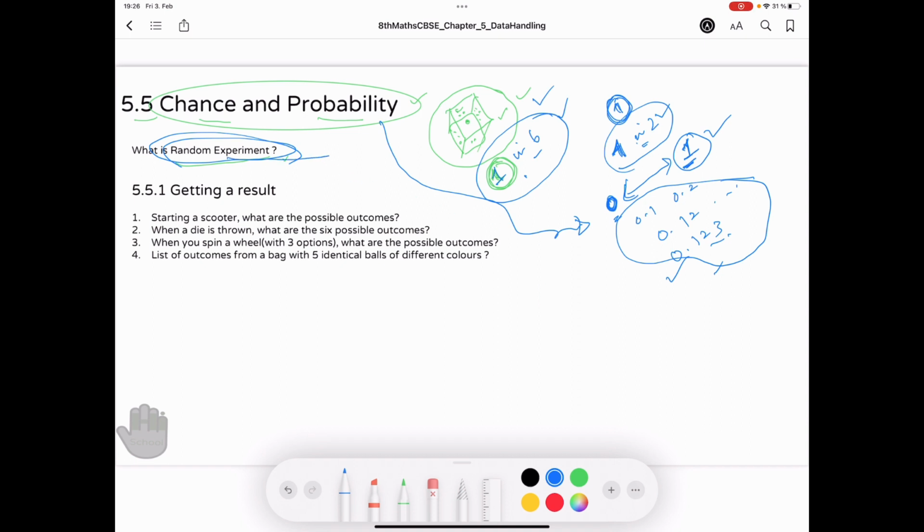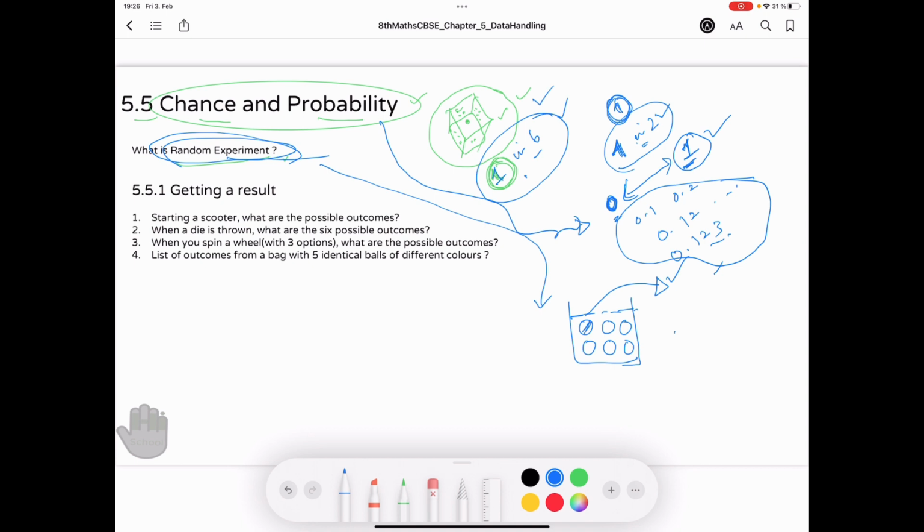And what is not a random experiment? For example, there is a box, and this box is having all 1 rupee coins in it. We have an experiment where we want to pull out a coin from here and check what value the coin will have, whether it's going to be a 1 rupee coin or 2 rupee coin or 3 rupee coin, and so forth.